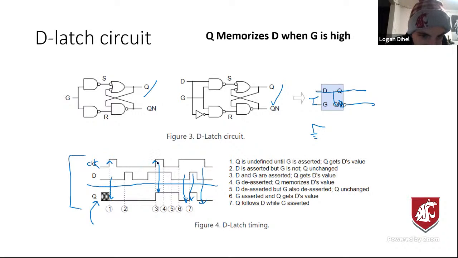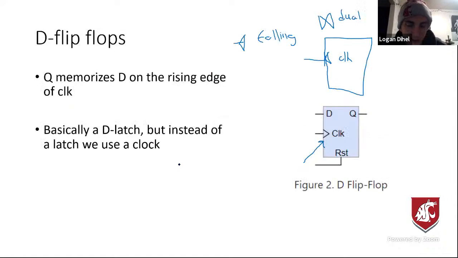So in this case, if this was instead a D flip-flop, then Q would not go high like this. It would just stay 0 because it's only memorizing on the positive edge. Any questions on D flip-flops? So only on the instance that the clock goes high.